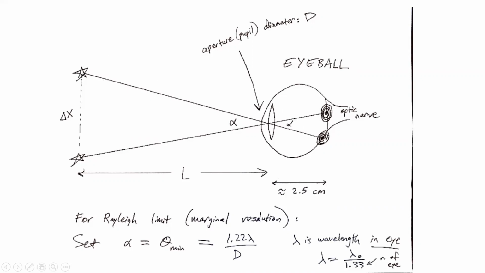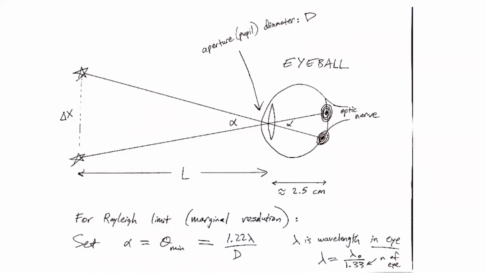Okay, so you're going to get an image of the first headlight here on your retina, but you'll notice that instead of drawing a point, I've drawn concentric rings, because we know that the waves coming from that headlight are actually going to diffract through your pupil. So you do get a circular aperture diffraction pattern. We don't normally notice that. When you look at a faraway light bulb, you don't perceive those concentric rings.